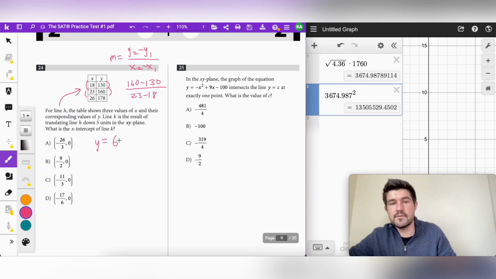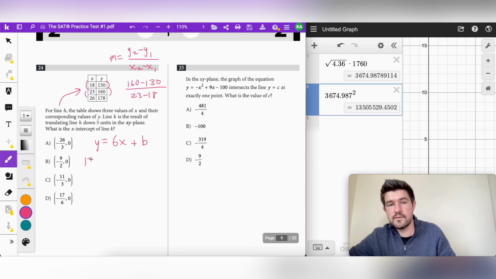So it would be y equals 6x plus something. Remember, the slope goes in front of x in y equals mx plus b. Now, what would be the y-intercept? Well, we can continue this equation and just say, we don't really know what the y-intercept is. Let's call it b. And we can take one of these points, x being 18 and y being 130, and plug it into this equation.